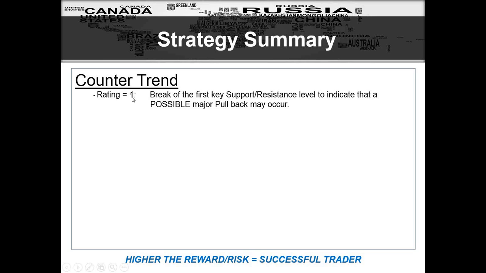Don't worry, I'm going to show you a graphical view in a moment if these words sound confusing. Rating number 1 is the first sign that it's about to reverse and enter a major pullback. The goal of the counter trend trader is playing within a consolidation zone between support resistances, or playing a major pullback for something that's already trended.